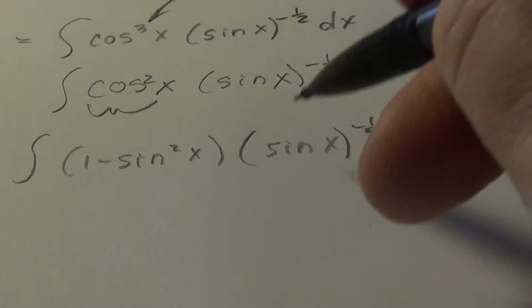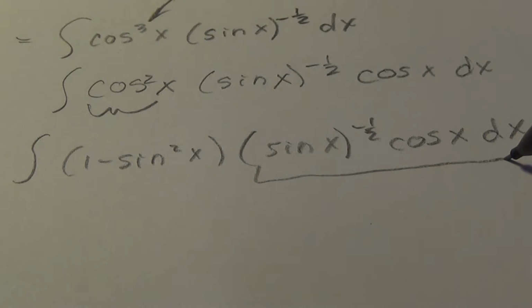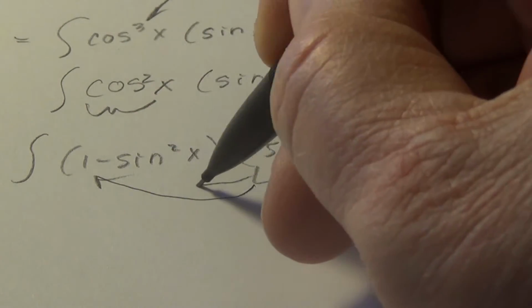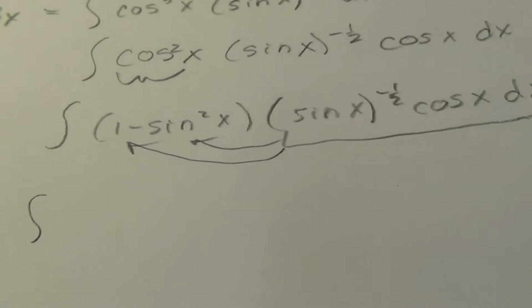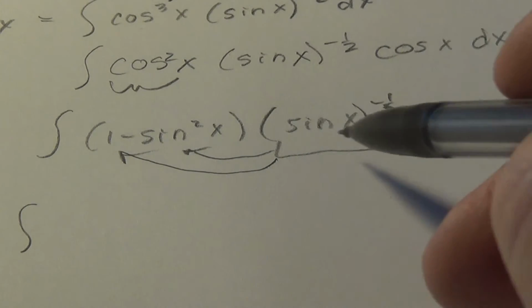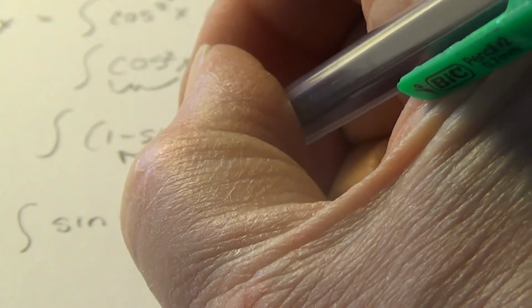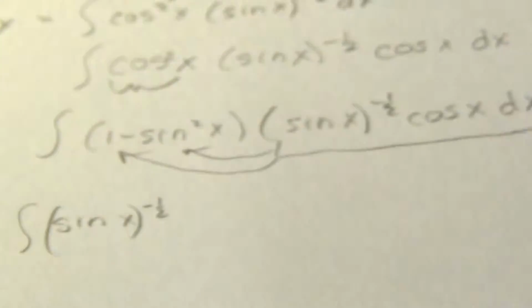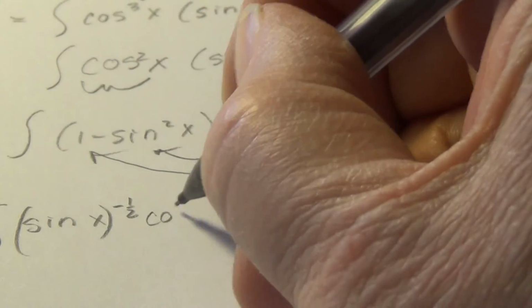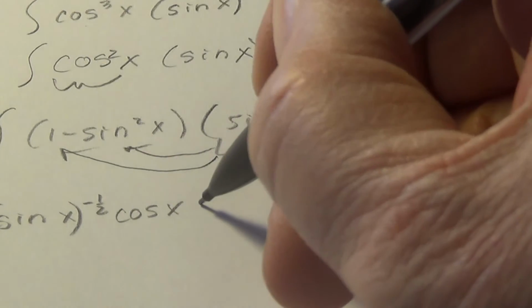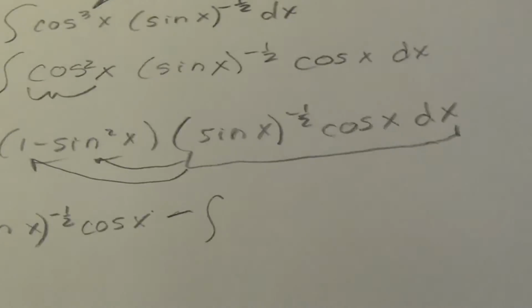My distributive step is a little more icky, but doable. We're going to multiply that times that, and that times that, creating two integrals. The first one, when I multiply this expression by 1, is sine x to the minus 1/2 times cosine x. So that's unchanged by the 1. There's a minus sign.